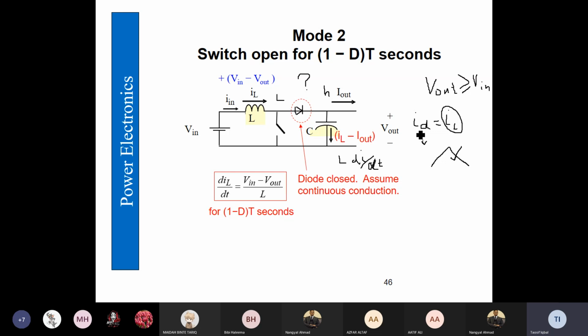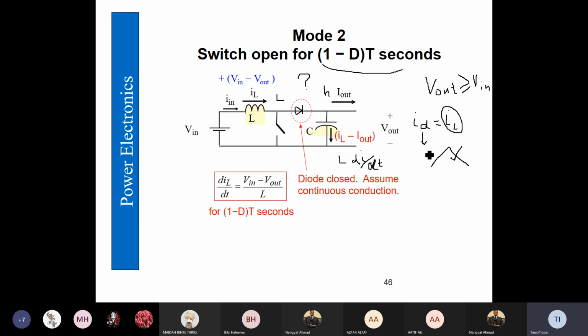So the inductor current only partially provides energy to the output side. Only for this duration is energy transferred from the inductor to the capacitor through the diode.